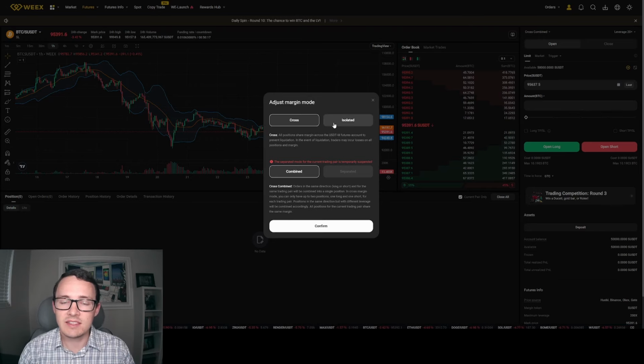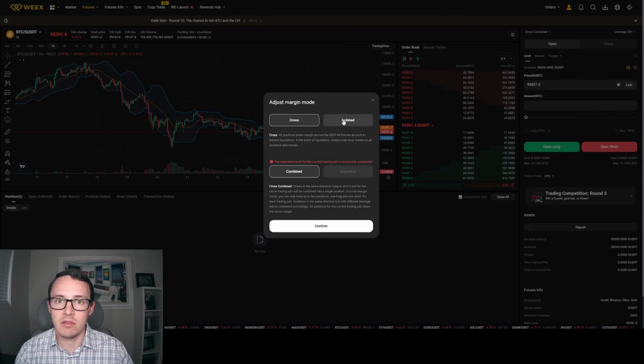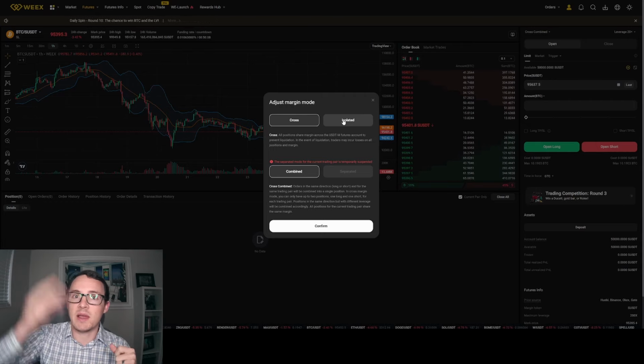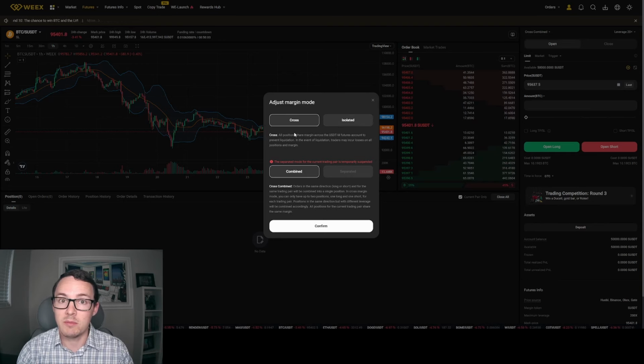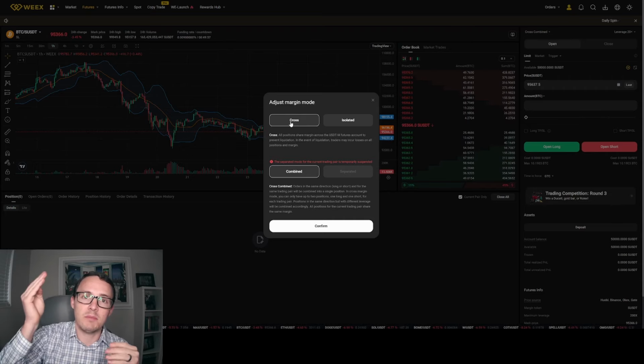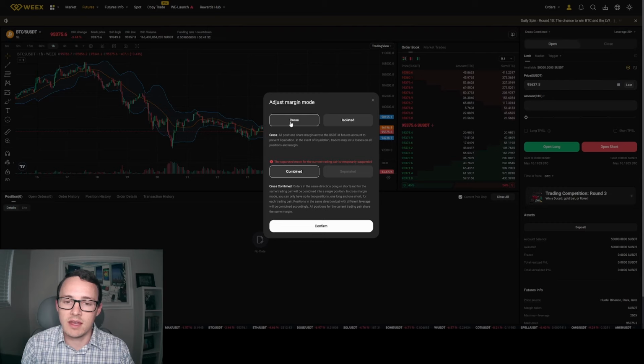Normally, if I was using isolated, I'd be making a ton on my Bitcoin trade, but my Ethereum trade would have gotten liquidated long ago. Now, let's say Ethereum comes back up and also makes me a ton of money, then I would be winning on both, but neither would have gotten liquidated because of the cross margin. The gain in my Bitcoin trade would have offset the loss in my Ethereum trade, meaning I wouldn't get liquidated.